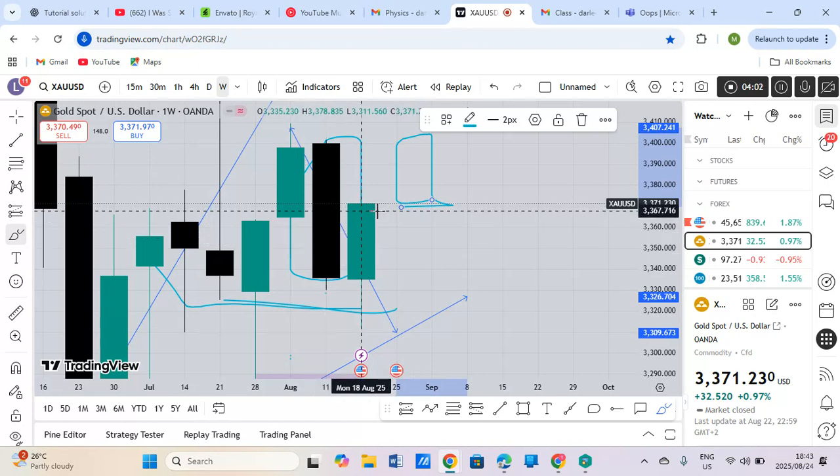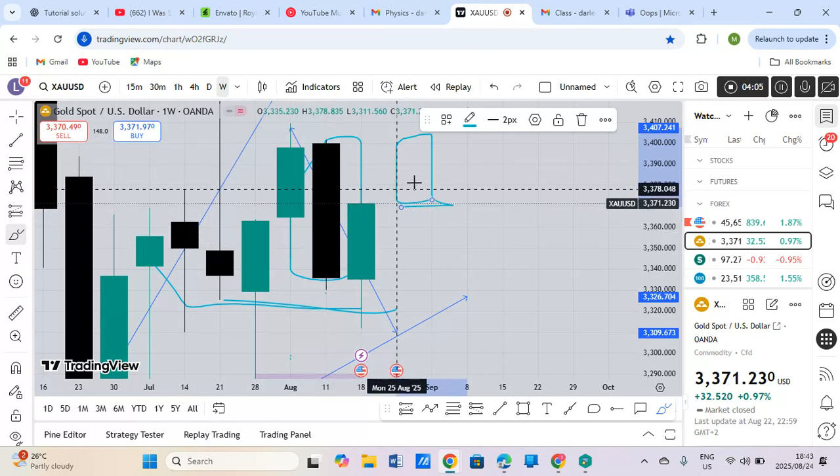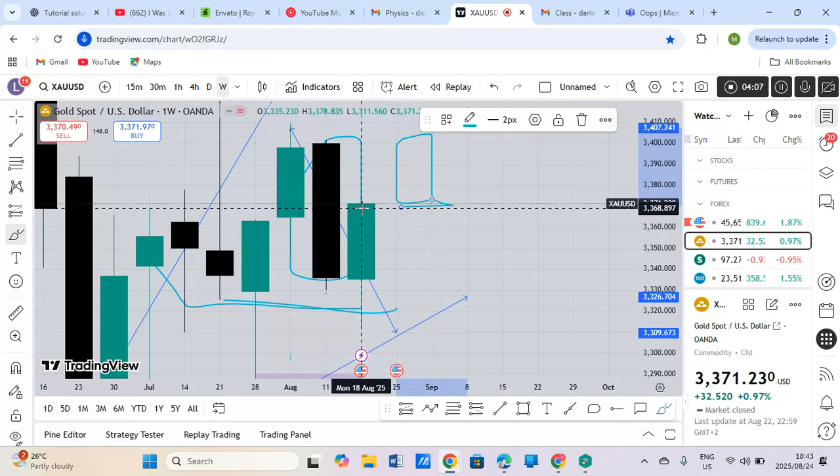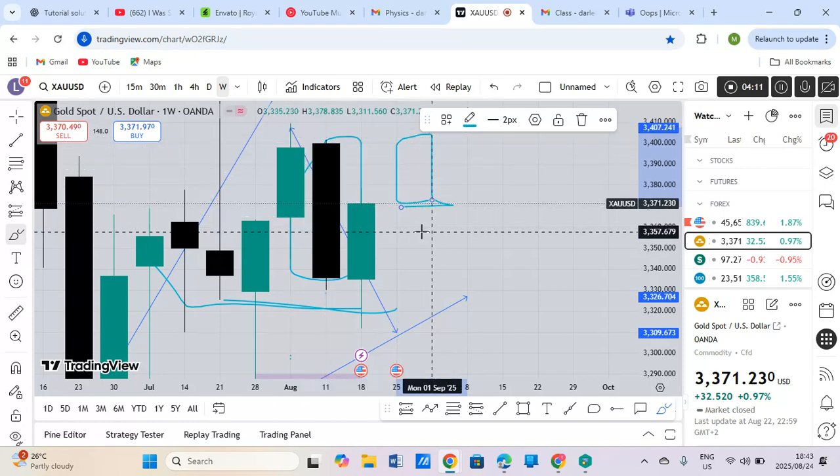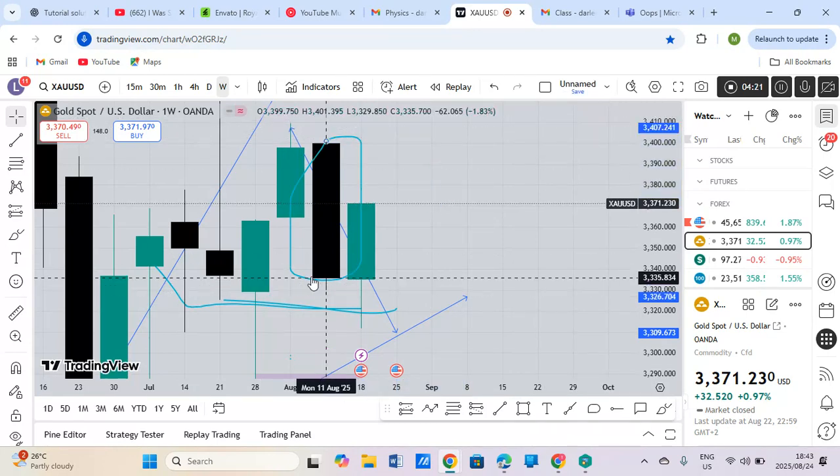That shows we're still expecting the buyers to push towards the upside. That's how I'm looking for price to reach up to the zone. Understand that this is not financial advice, it's just content related. I hope you adhere to what I'm saying.